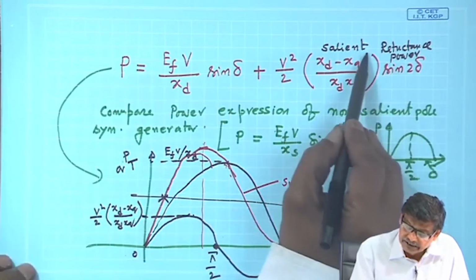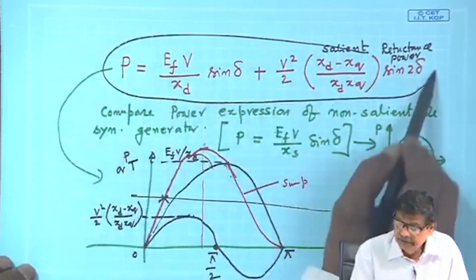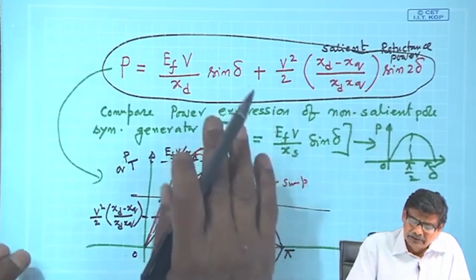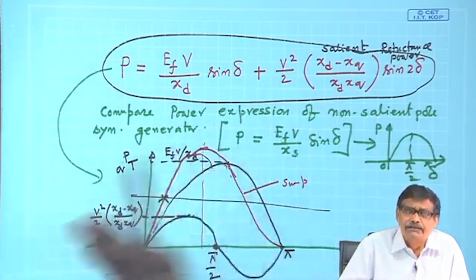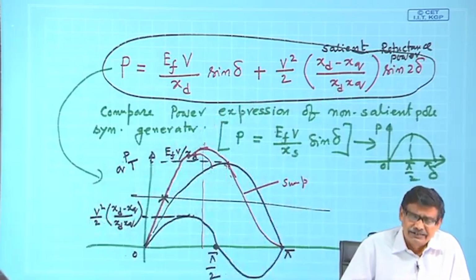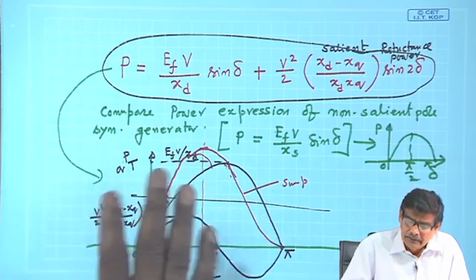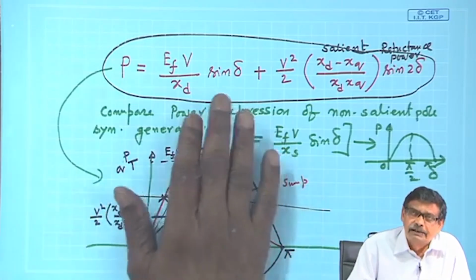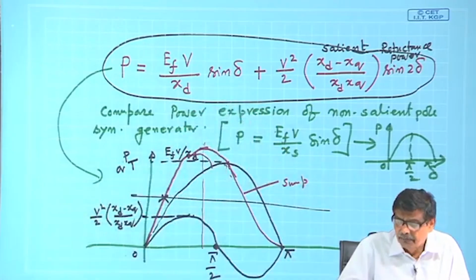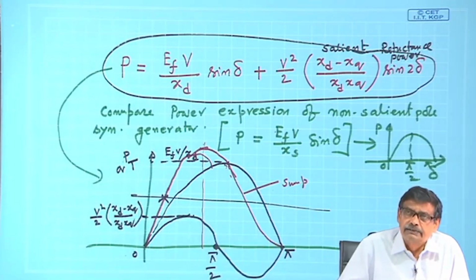So, this expression is very important. One should memorize this. Of course, not just out of nothing, but this is worth remembering for solving problems or explaining many other things.